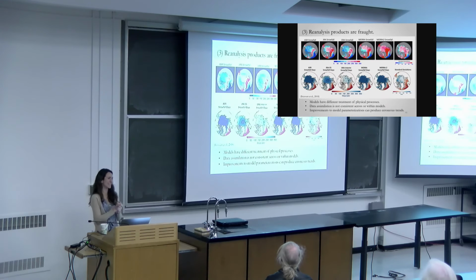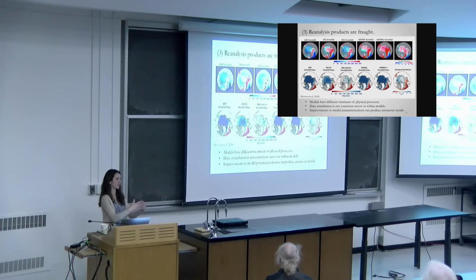And okay, reanalysis products, these are hard. And the reason these are hard is they differ so much depending on which one you use. Maybe you might want to explain what a reanalysis product is. Yeah, thank you. So a reanalysis product is a product derived from model data.